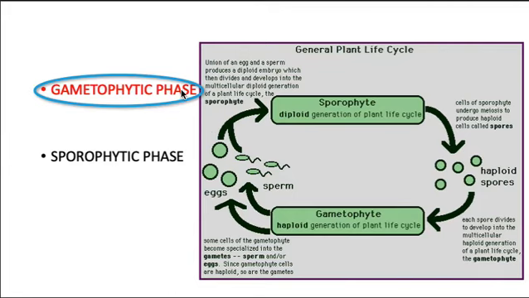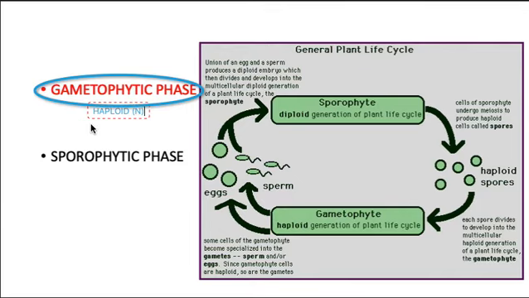What is the gametophytic phase? The gametophytic phase is also the haploid phase. When you say haploid, it means that they have n number of chromosomes, or half the number of chromosomes in their cells.